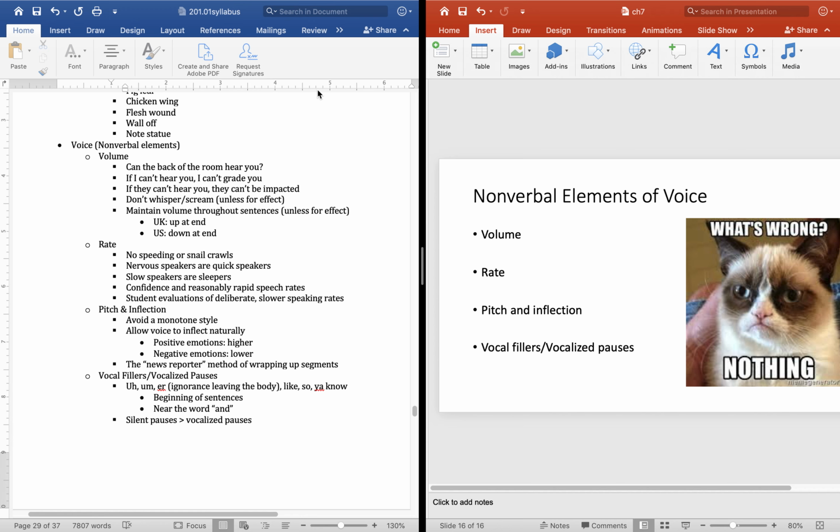So it'll be things like, "Okay, so today we're going to talk about volume, and then we're going to move on from that, and we're going to talk about rate. And from rate, we're going to move to pitch and inflection." We call it sing-song. It just stays in this pattern that never changes. That's monotone as well. So be sure to practice and watch yourself to see if you are monotone. And if you are, try to be more natural.